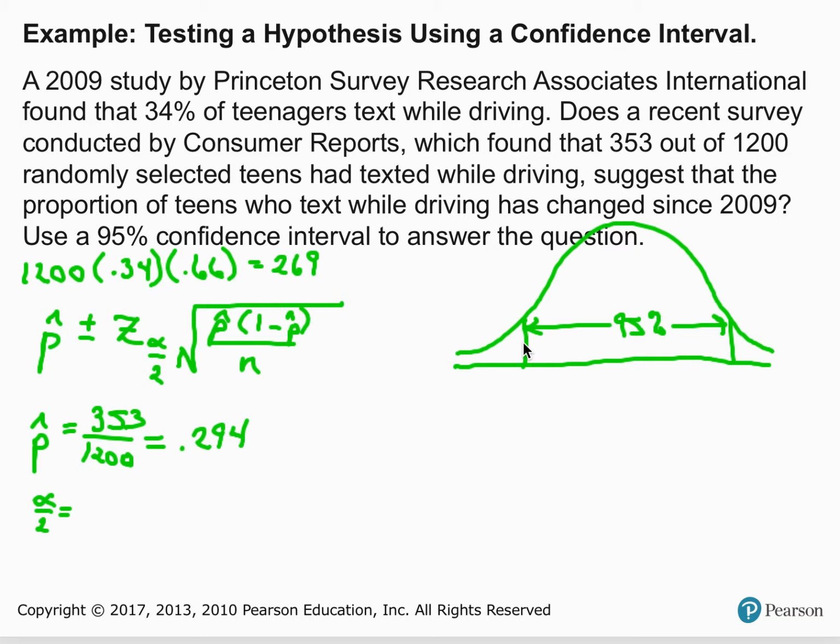So that means that what's left over here is 0.05, 5%. So that's our alpha. So alpha over 2 is 0.05 divided by 2, 0.025. Okay, so that's what we're looking for, 0.025.